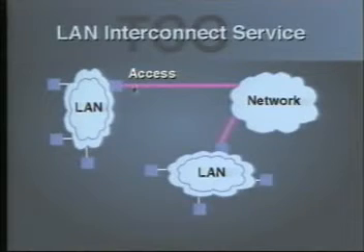Hence we get the name Local Area Network, or LAN. On a LAN, you will see a series of connection points. These are made to represent an individual computer or PC, as you might call it. And they are connected together very often through a local network.